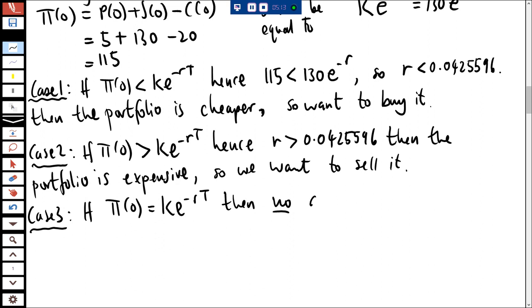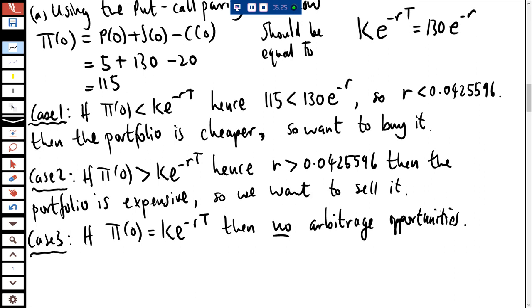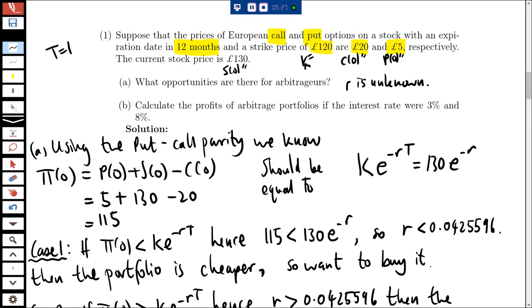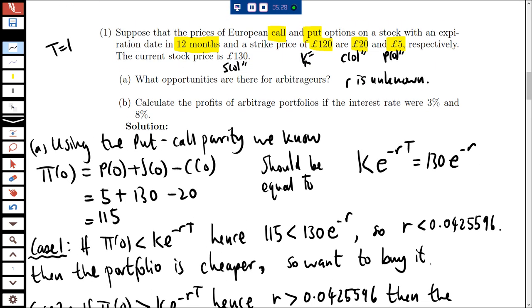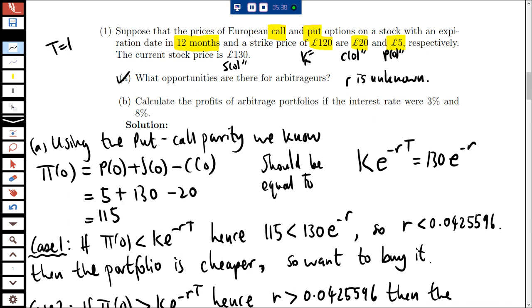In this case, there are no arbitrage opportunities. Okay, and that covers all the different cases. So that is part A. Part B, calculate the profits of arbitrage portfolios if the interest rate is 3% and 8%.